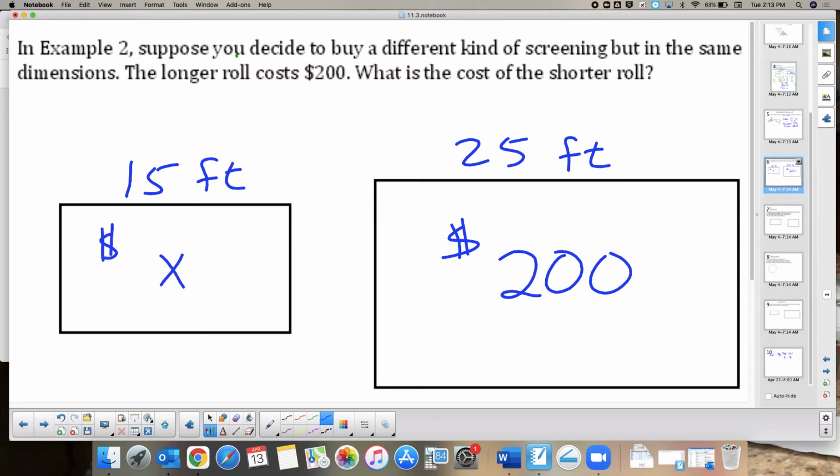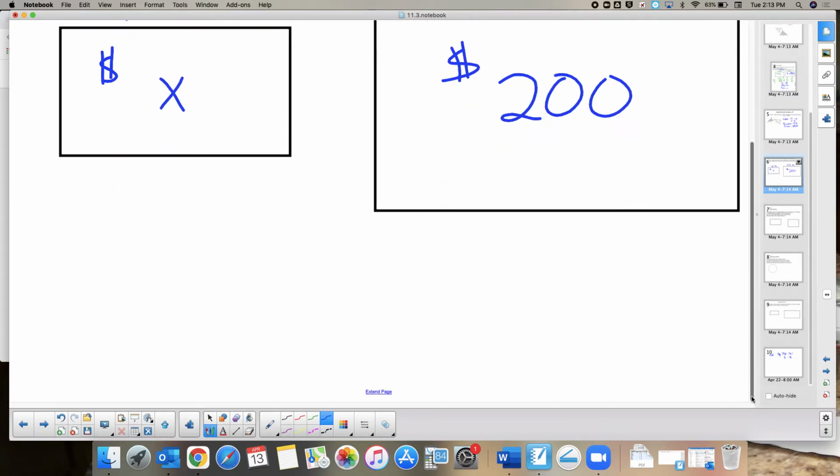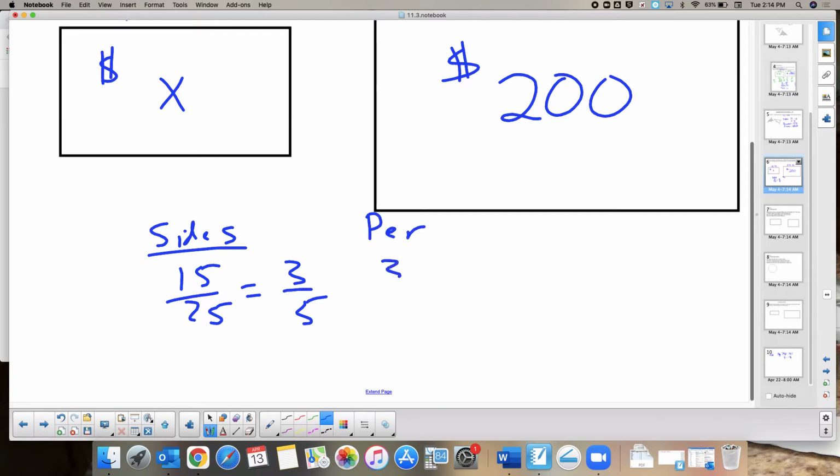So once again, we look at the ratio of our sides. The ratio of our sides is 15 to 25, which reduces to 3 to 5, which means the ratio of our perimeters is also 3 to 5, and the ratio of our areas is 9 to 25.